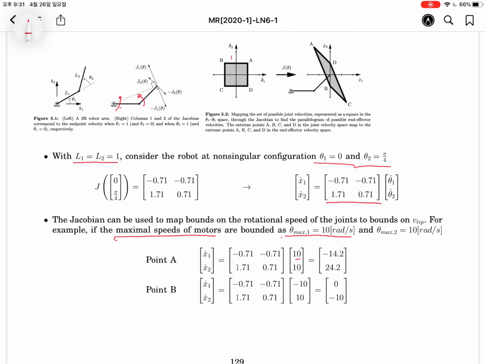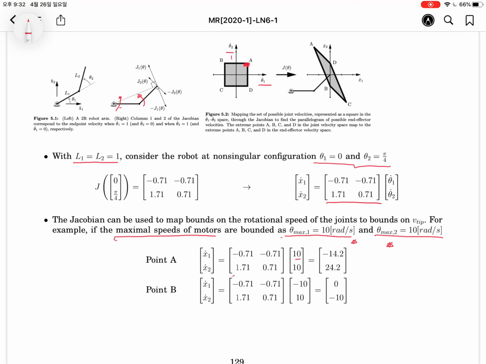So 10 radians per second is a very practical number for an actual electric motor system. The maximum speed is bounded: theta 1 max is 10 and theta 2 max is 10. This limitation of the electric motor is located here, in the space of theta 1 dot and theta 2 dot.